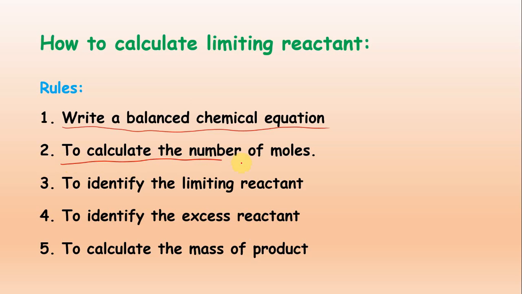Second, calculate the number of moles. Third, identify the limiting reactant. Fourth, you will then also be able to identify the excess reactant, and last, we can calculate the mass of the product. These are the 5 different rules related to the calculation of the limiting reactant.